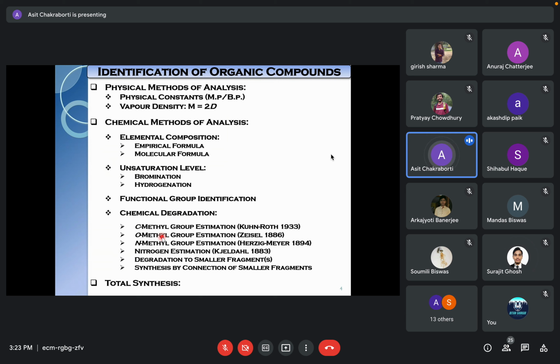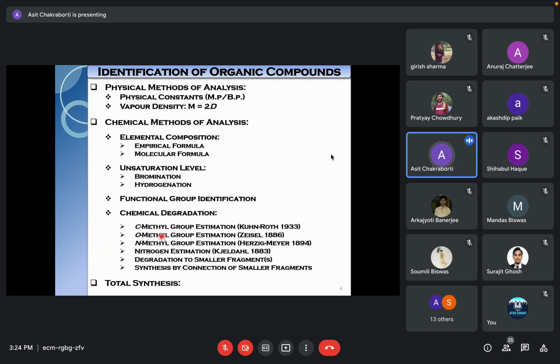And what is the tentative range for the aromatic OMe? If it is ester, right?